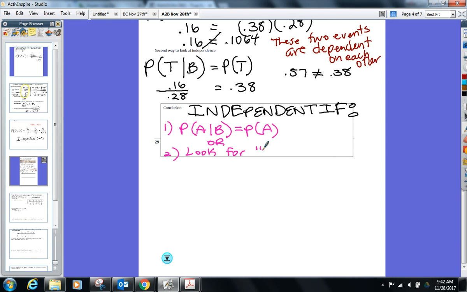I just used it on the defective calculators. What was the term that said, oh, it's independent? What did we do to the defective calculator once we picked it? So look for with replacement, yes. Don't forget where you came from. We knew they were independent in the past because I saw with replacement. I replaced it.